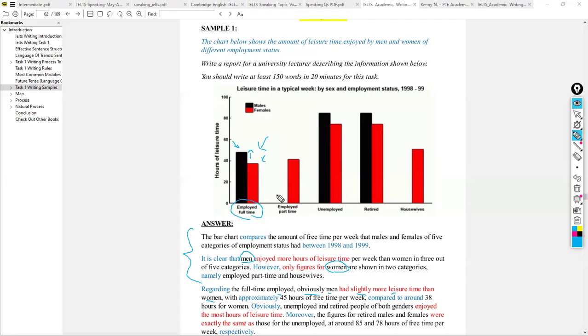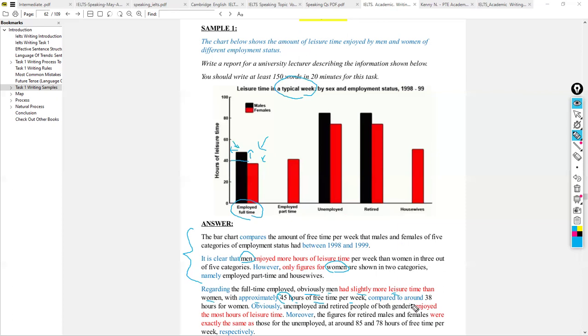So we noticed that men had slightly more leisure time than women, with approximately 45 hours. We noticed that women have approximately 39 or 40 hours, but men have 45 hours of leisure time exactly. So this is it, 45 hours of free time per week. Absolutely, we are talking about a typical week.